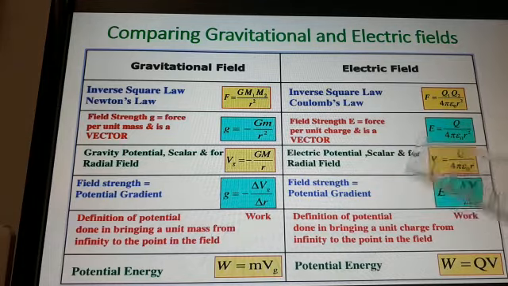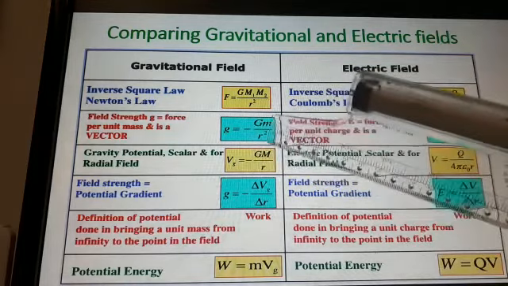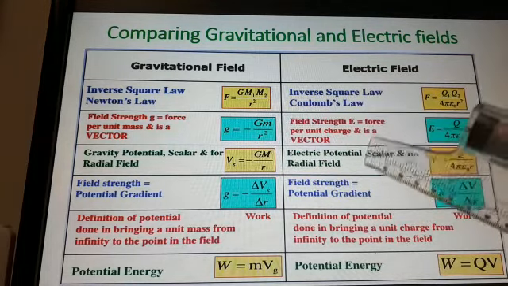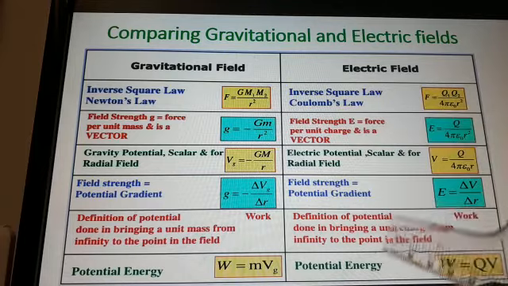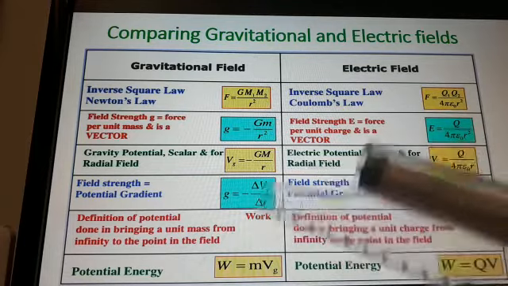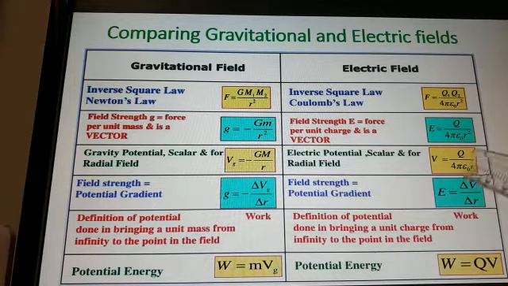Gravitational potential is a scalar, and in the radial field we write V equals Gm by R. Here, electric potential V equals KQ by R, or we write Q by 4 pi epsilon 0 R. Field strength is the potential gradient, for gravitational field strength and for electric field strength. That is E equals change in potential divided by change in distance.